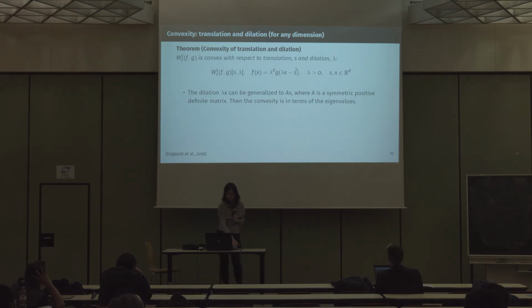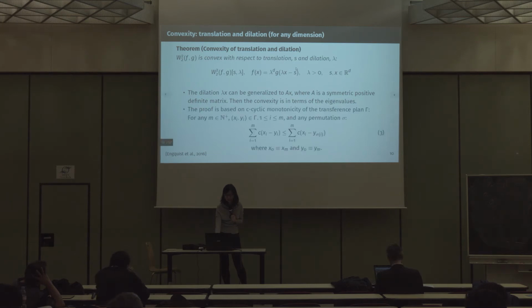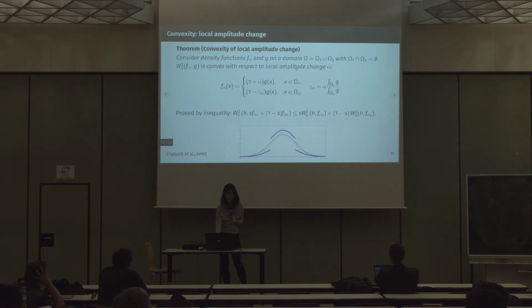Basically it says if f is a translated and dilated version of g, then the distance as a function of the translation parameter and the dilation parameter will be convex. And this basically takes advantage of the cyclical monotonicity of the Wasserstein distance in general. The other one is the convexity with respect to local amplitude change.